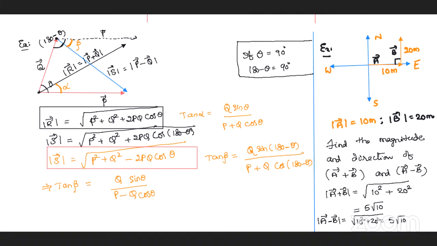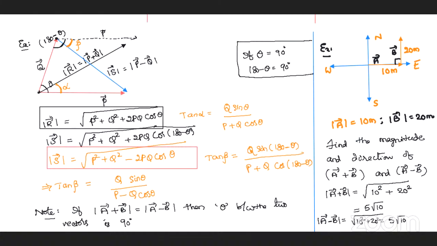That's why under the note here I am writing: if the angle between two vectors, or else simply in reverse order, mod of a bar plus b bar is equal to mod of a bar minus b bar, like 5 root 10 and 5 root 10, then I can say the angle theta between the two vectors is 90 degrees, that is pi by 2 radians, perpendicular to each other.